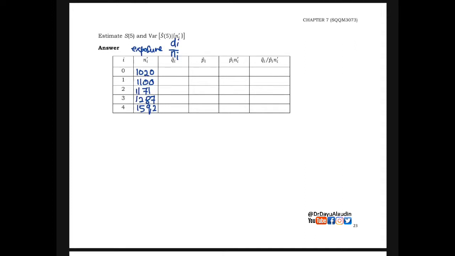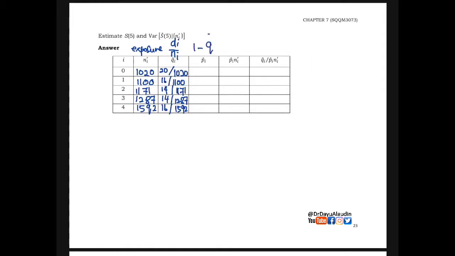So for i equal to 0, number of death is 20 over 1020, and number 1 is 16 over 1100, 14 over 1171, 14 over 1287, 16 over 1592.